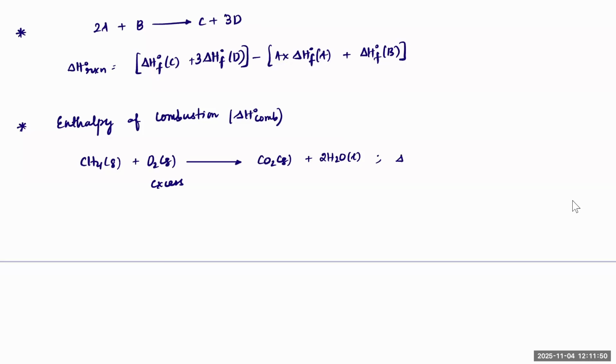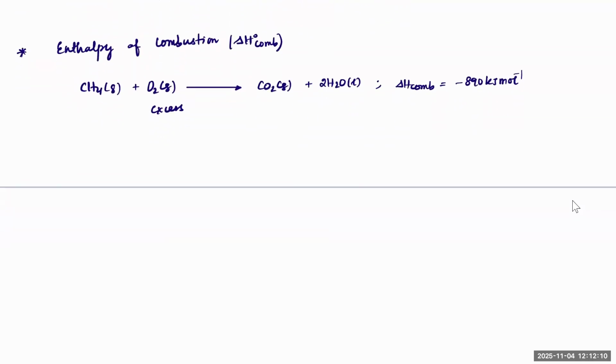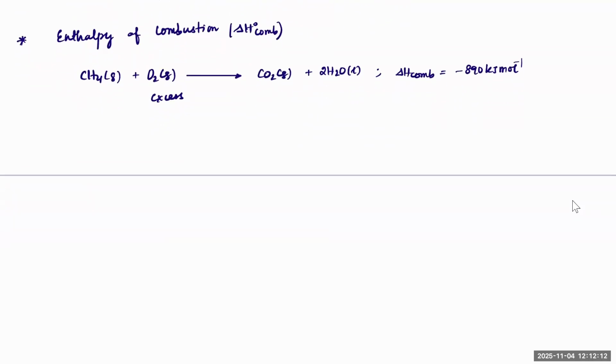So delta H of combustion is equal to minus 890 kilojoules per mole. So this is the amount of energy which is released. Clear with this part? Enthalpy of combustion it is.